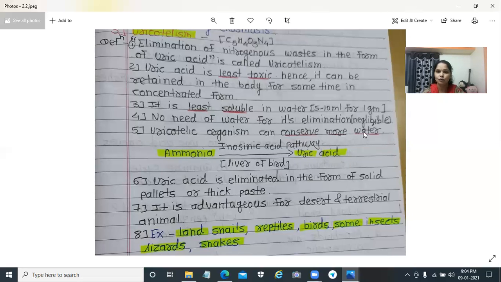Ammonia is found in the liver of the bird, and ammonia is highly toxic. Inside the liver of the bird, ammonia gets converted into uric acid in the inosinic pathway. Uric acid is eliminated in the form of solid pellets.